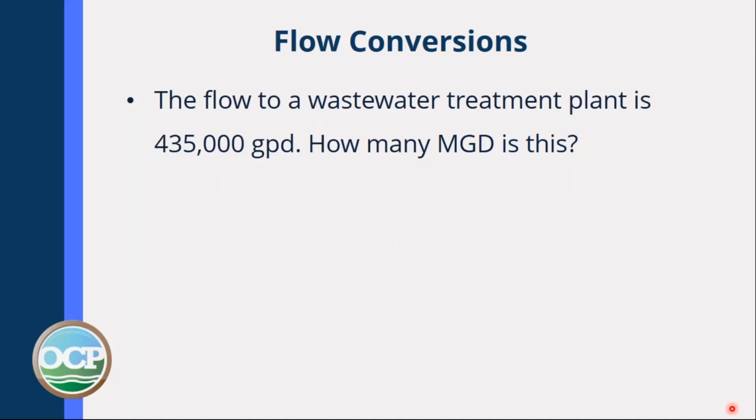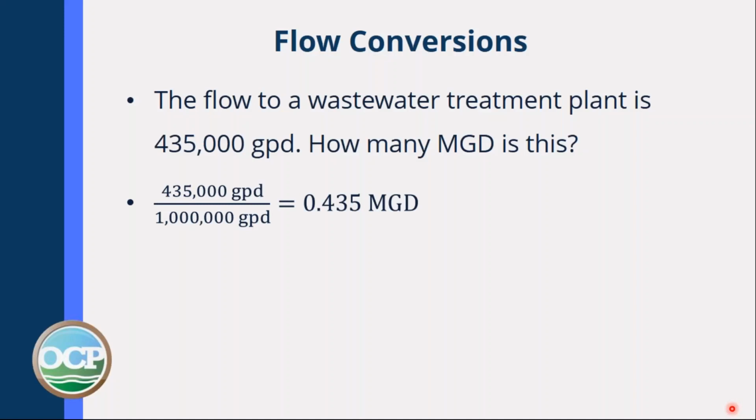So a little bit of math as we go towards the end of this chapter. This is a simple conversion. We did this in a previous chapter. The conversion is on your formula sheet, but we want to convert 435,000 gallons per day into million gallons per day.